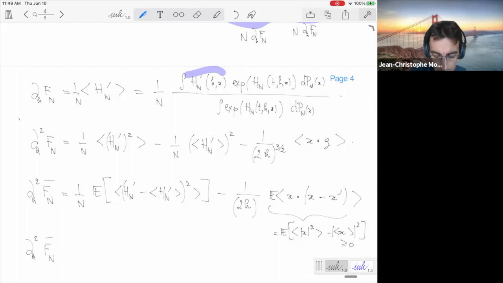Confused by something. I was supposed to end up with, yeah, I have a sign. I think I have a sign error somewhere. I wanted to get this inequality, and it's a good time for a break because I'm going to chase my sign error.